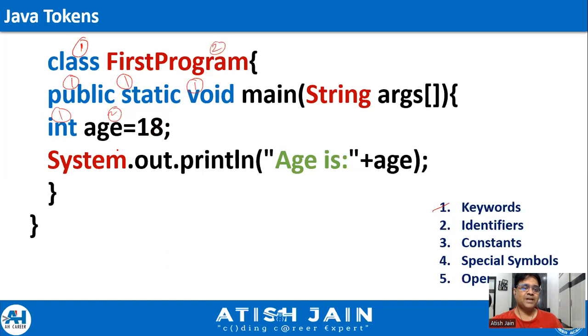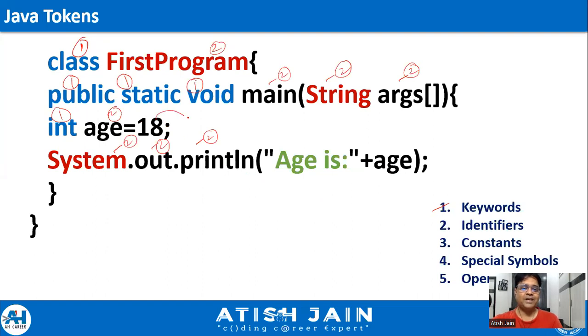Is it clear? System is an identifier, a class name. Out is an object, println is a method. So these are all known as identifiers. Main is a method, String is a class name, args and name are identifiers too. These are used to identify the program name, class name, variable name, and method name.